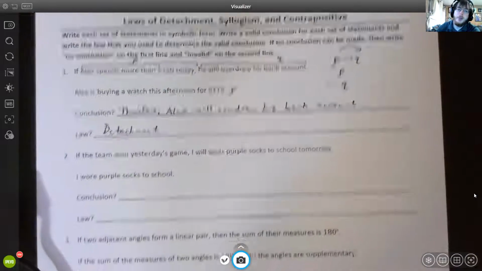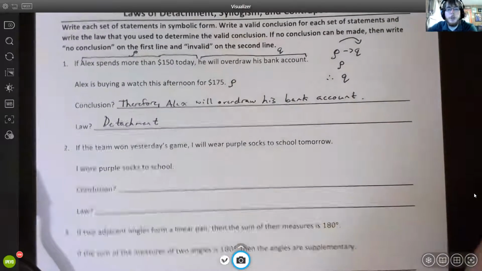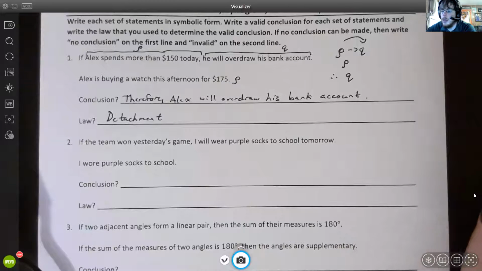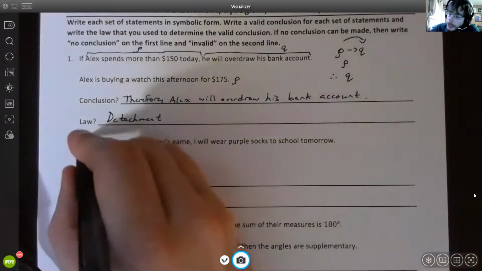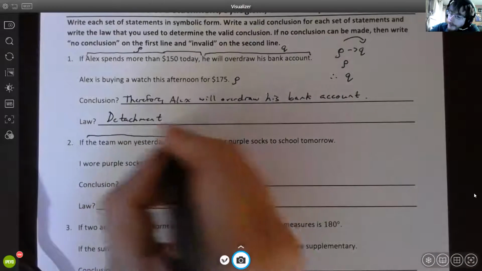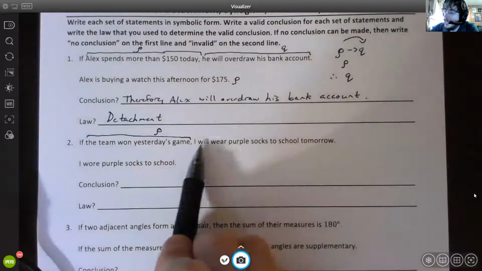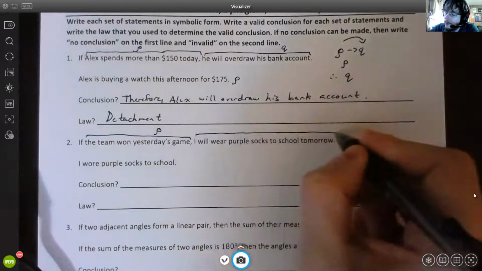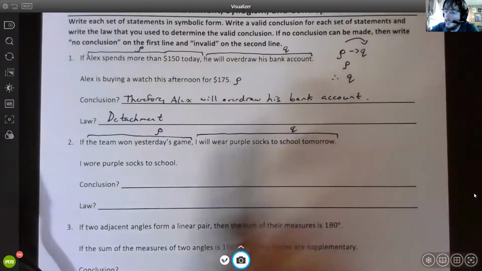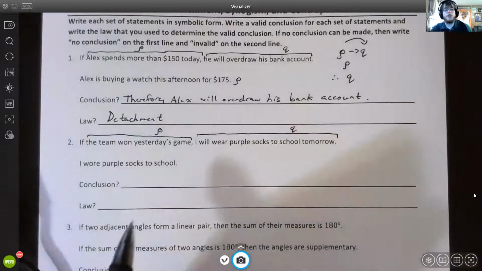It says, if the team won yesterday's game, I will wear purple socks to school tomorrow. I wore purple socks to school. So again, we're going to label these with our symbols. So if the team won yesterday's game, we're going to label that with P. And I will wear purple socks to school tomorrow, we're going to label that with Q. And then here it says, I wore purple socks to school.